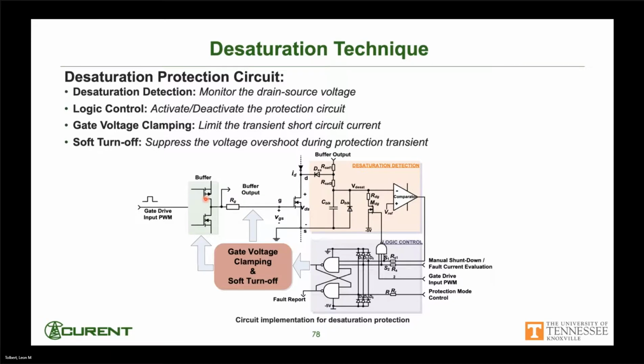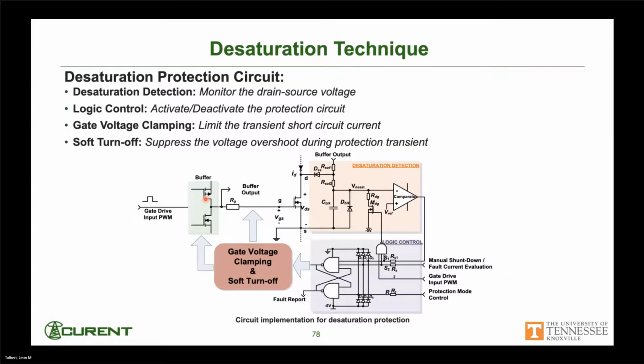Also, one of the things we have to worry about during a short circuit is turning it off too quickly. And that may sound odd, because if you have a short, you need to turn it off very quickly. Yes, but if you turn it off too quickly, that very high di/dt could end up damaging your device because of L di/dt.